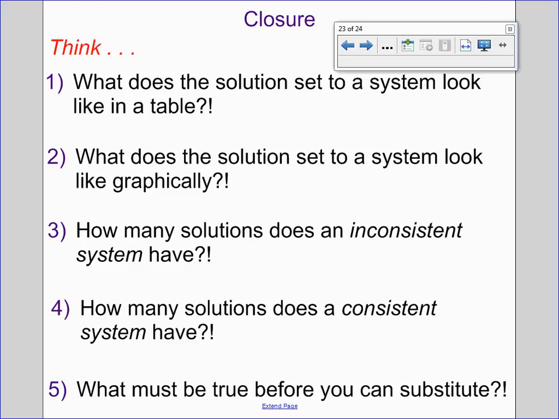Like x equals the value, and then y1 and y2 are the same. Absolutely. The same y value produced for a single x value.